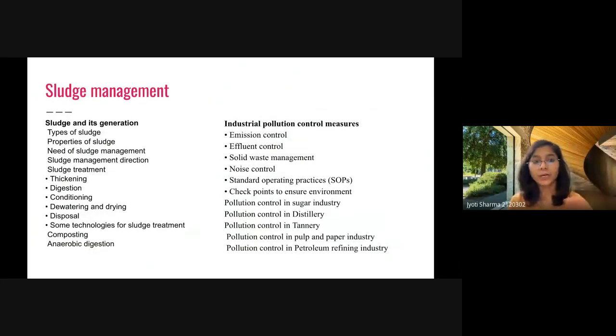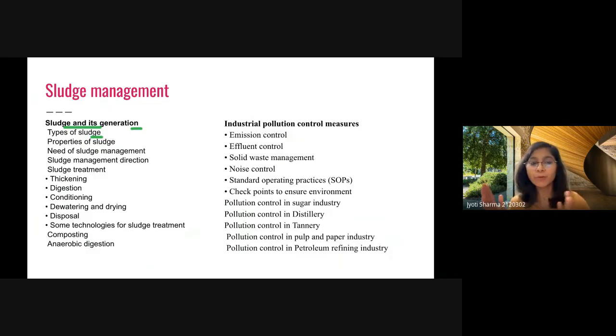Today we will learn about sludge and its generation, and the types of sludge: primary sludge, secondary sludge, and tertiary sludge, based on the process from which you get that sludge. Then the properties of sludge, such as the specific gravity and volume of sludge. Then why there is a need for sludge management, and what different directions we may have.